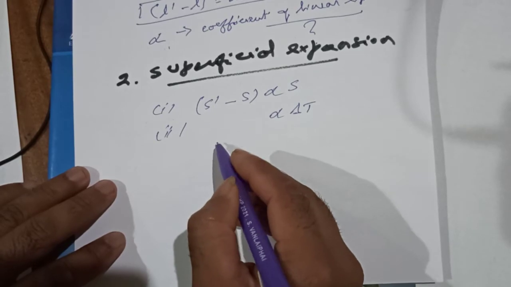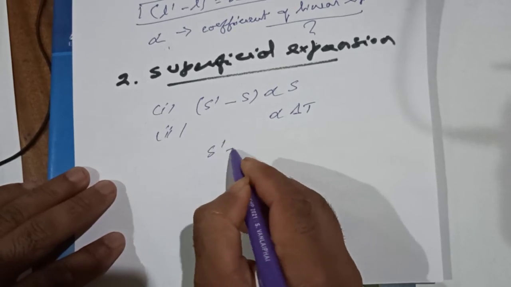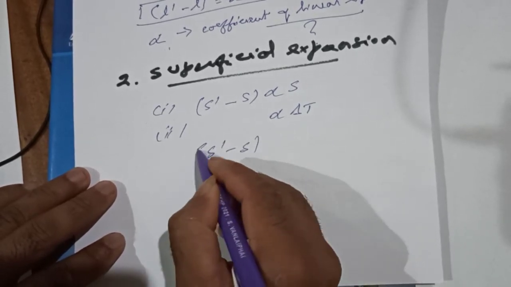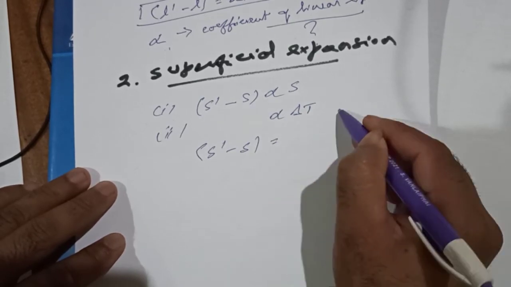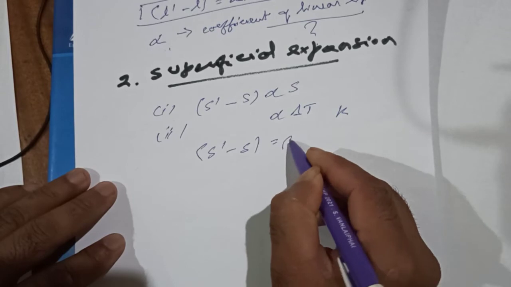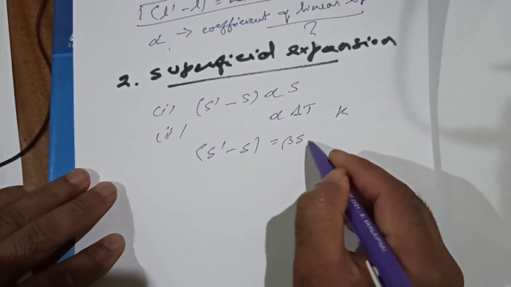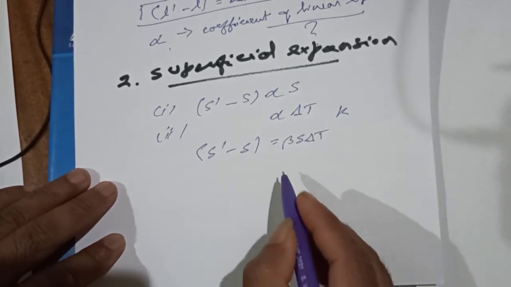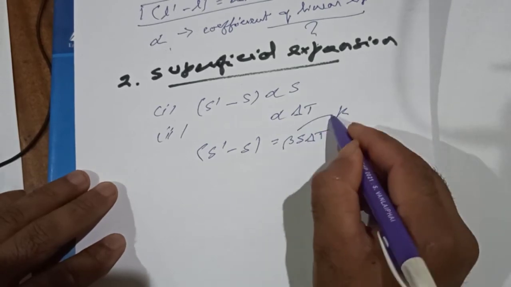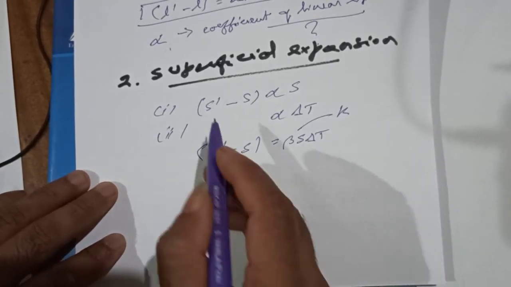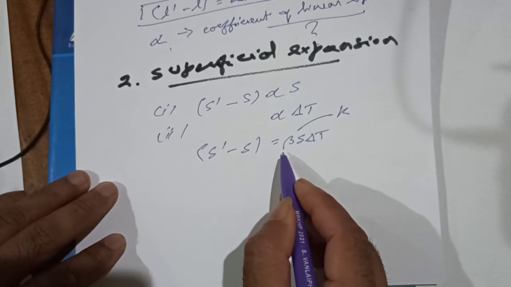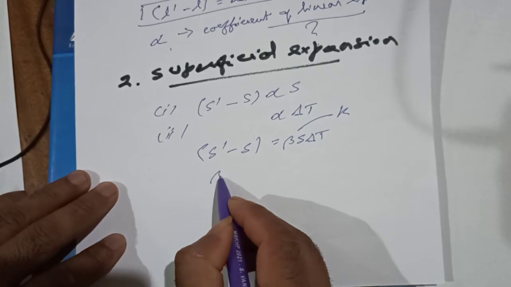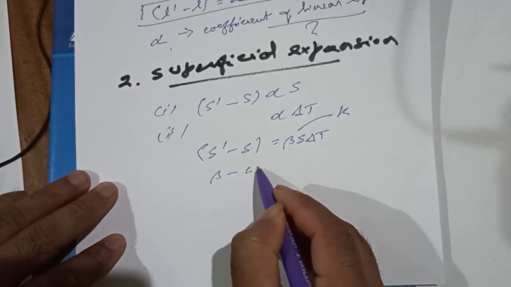If we combine them, the increase in area is equal to some constant value. This constant is beta. So in superficial expansion, the constant value, which is called the coefficient of superficial expansion, is the beta coefficient.